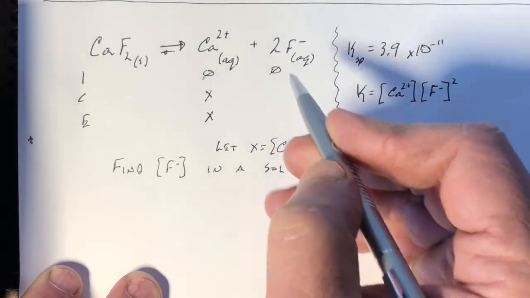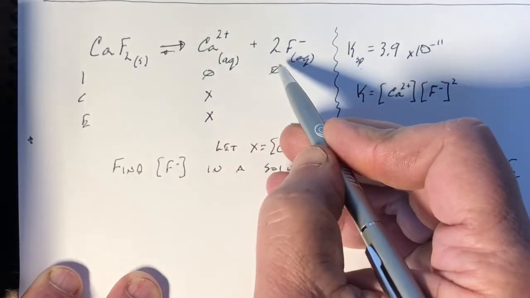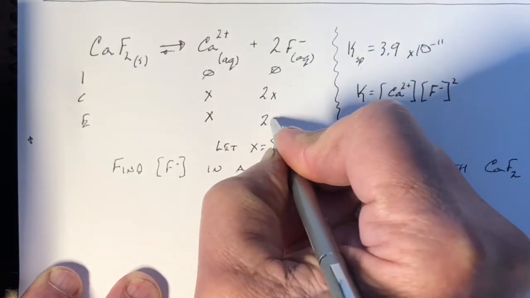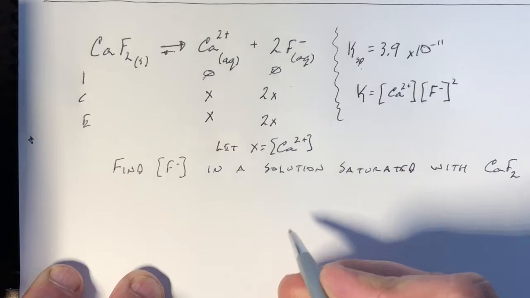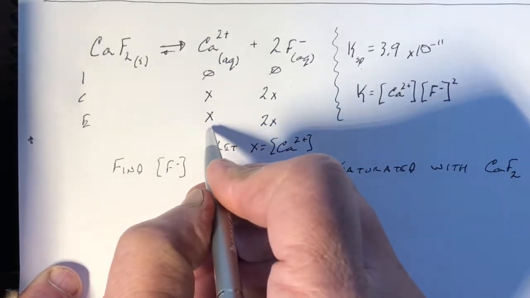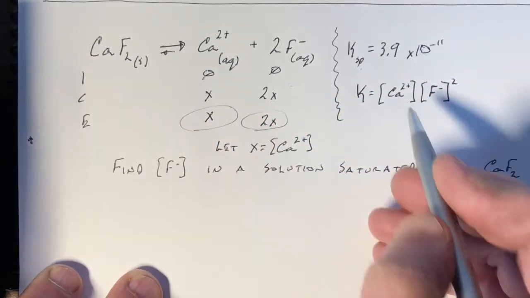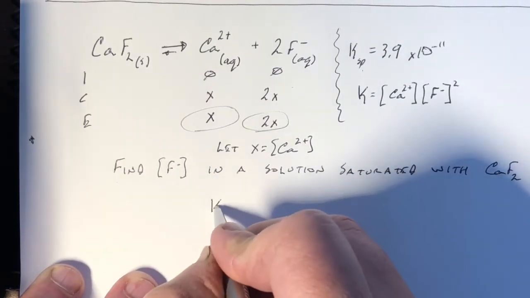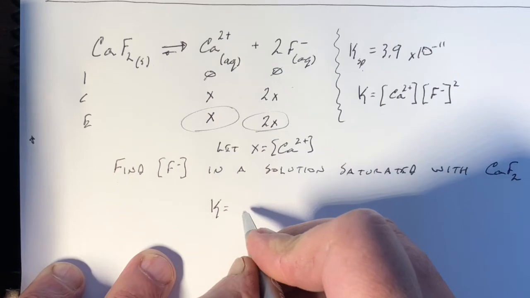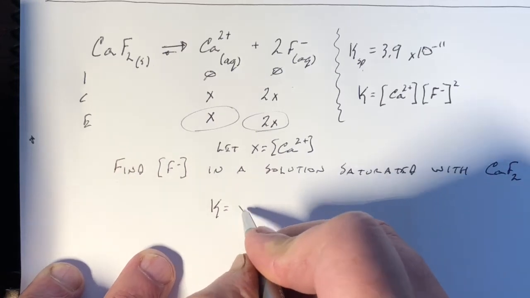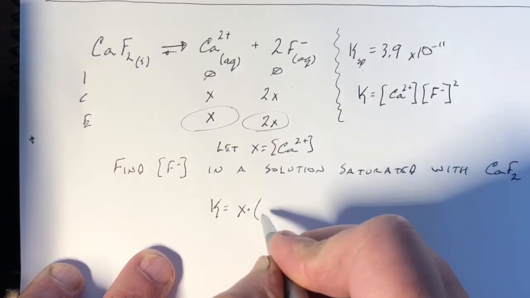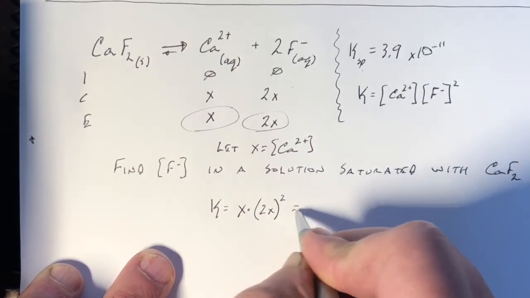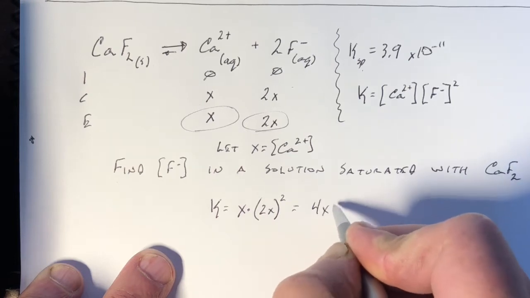What's important here is that for every calcium that dissolves, we get 2 fluorides, so this is 2X. Our equilibrium concentrations are these two, and we need to substitute them into the equilibrium expression. So K is equal to my X times 2X squared, or it's equal to 4X cubed.